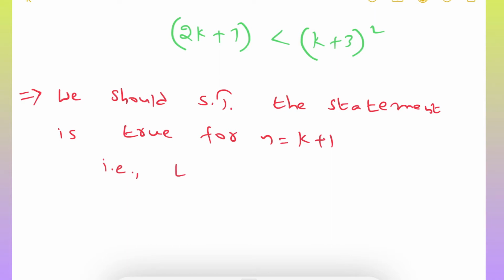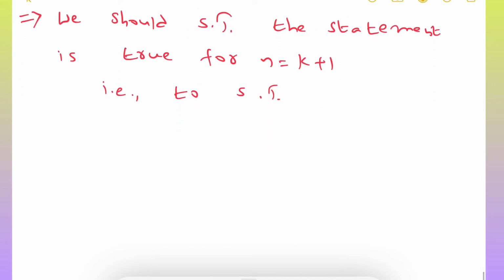That is, in the question, wherever we have n, we need to substitute k plus 1. The given one is 2n plus 7 is less than (n plus 3) whole square. Here in the place of n, substituting k plus 1. Here also in the place of n, substituting k plus 1.